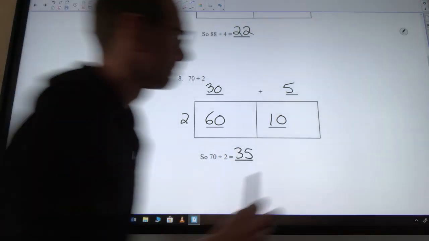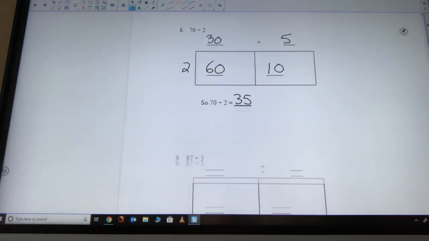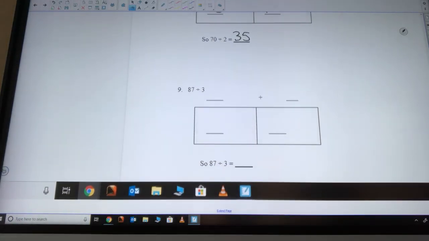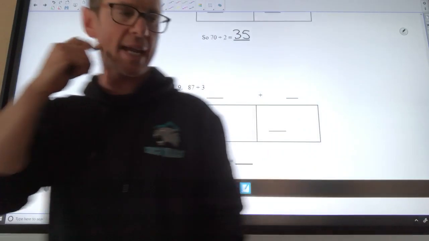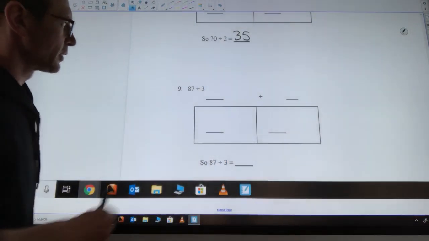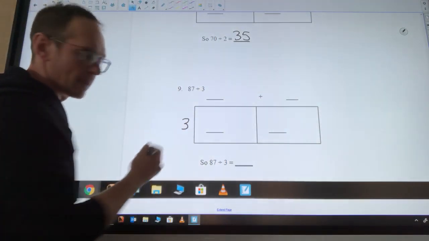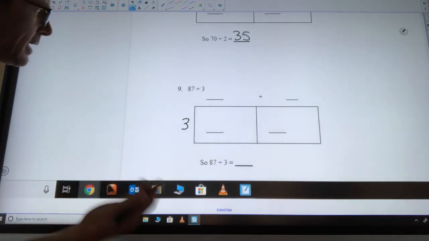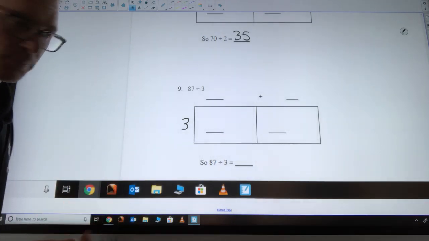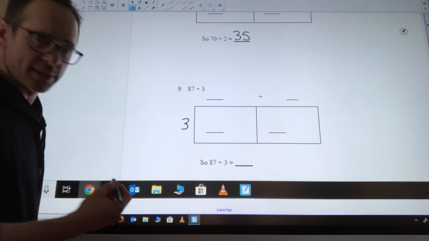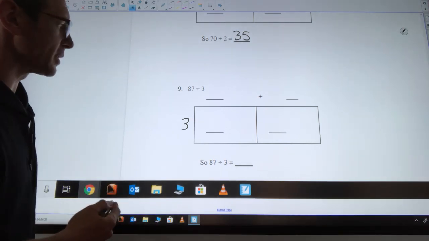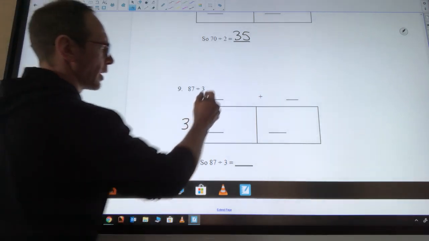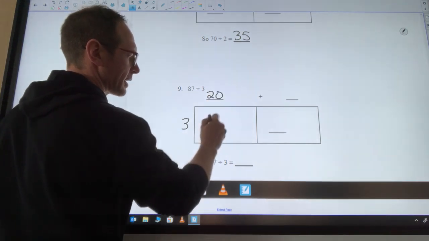Last question. Last question is 87 divided by 3. So how many 3s does it take to get to 87? Well, 10 times 3 is 30. 20 times 3 is 60. 30 times 3 is 90. That's too much. So it's going to have to be 20 something. 20 times 3 is 60.